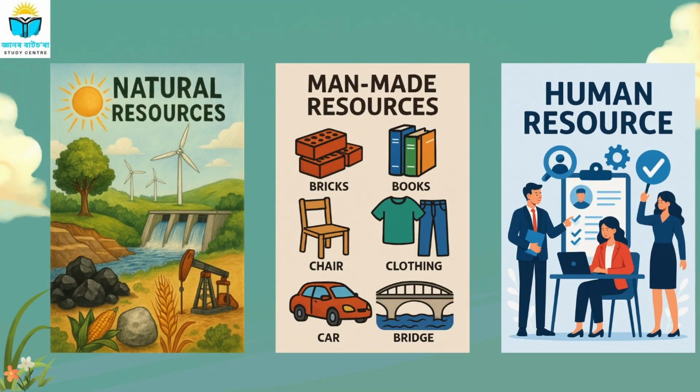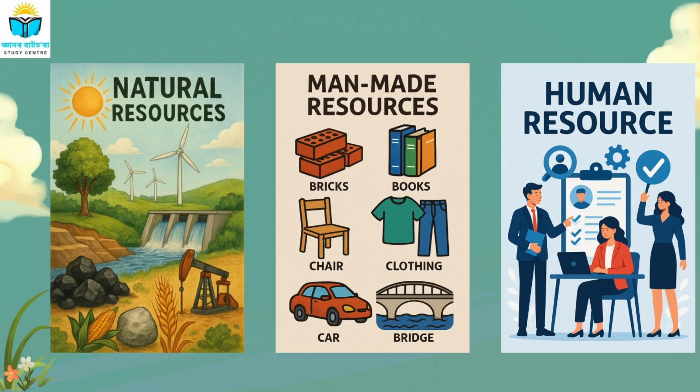Now, let's take a quick look at the three main types of resources with the help of these visuals. First, we have natural resources like trees, water, sunlight, coal, minerals, and wind energy. These are gifts of nature and form the base of all human activities. Next, man-made resources such as bricks, books, clothes, cars, bridges, and furniture.